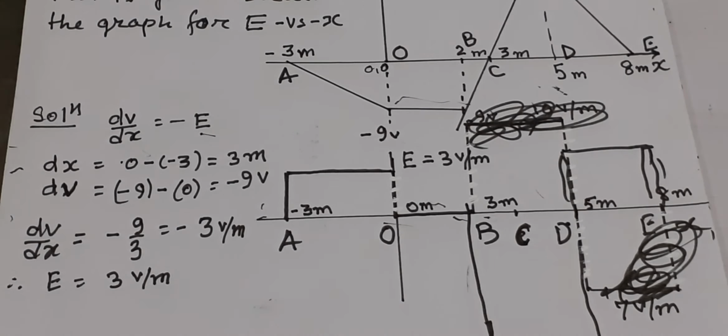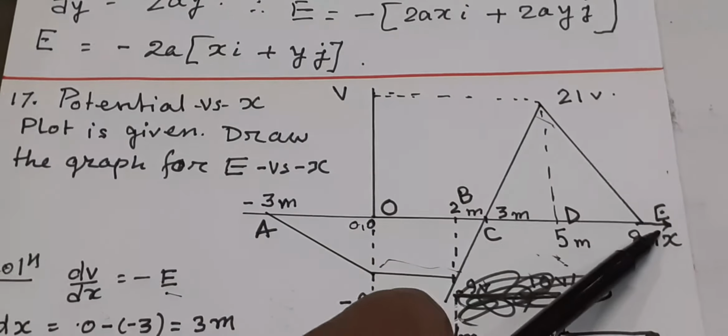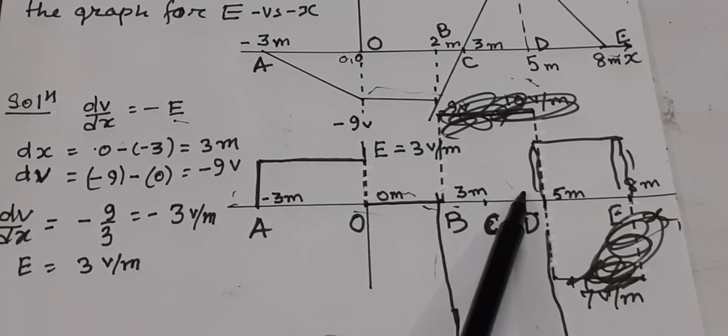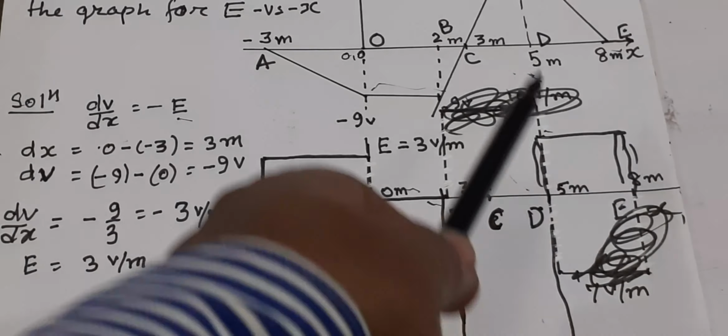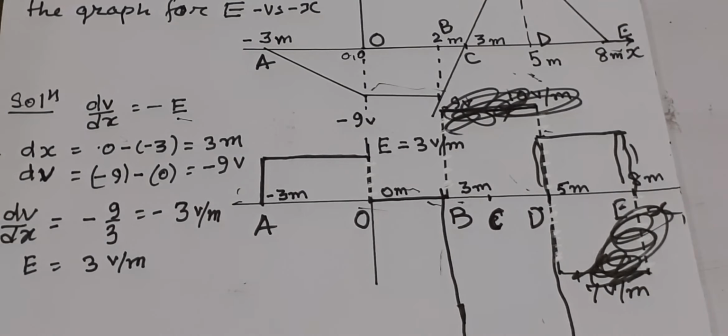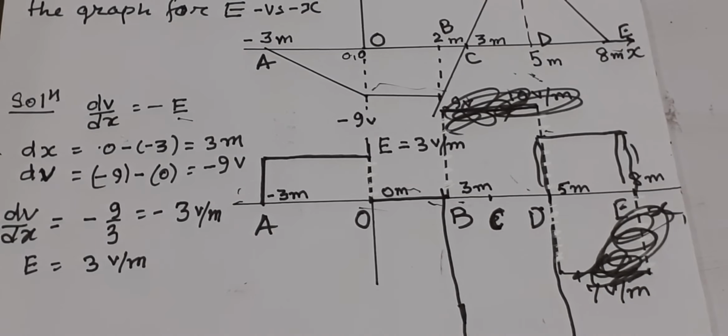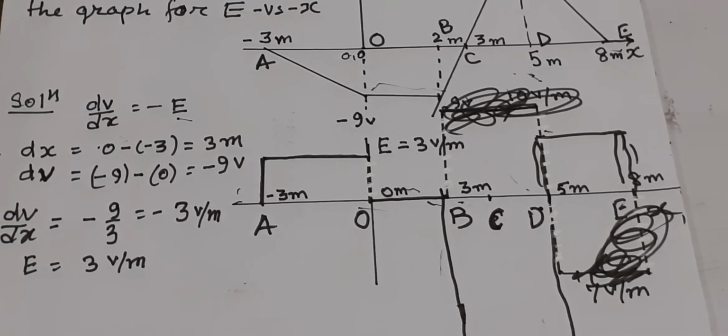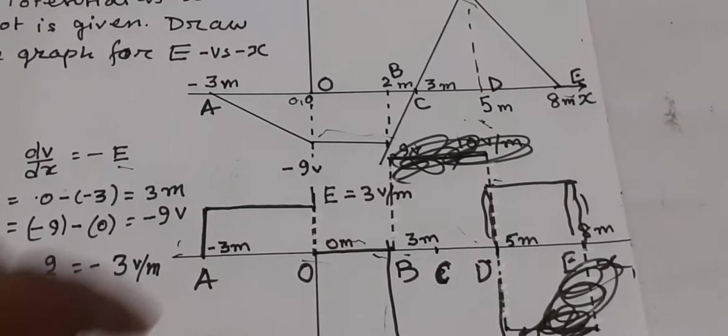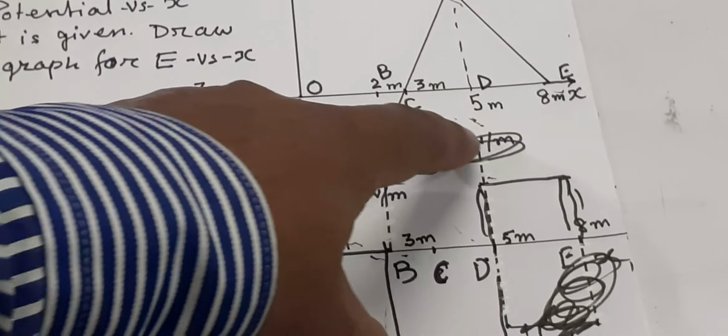Now come to the other part, from here to here, a negative gradient. So we will get a positive value of electric field. That amount will be most probably 7 or 3, something. You have to calculate and find out the gradient.